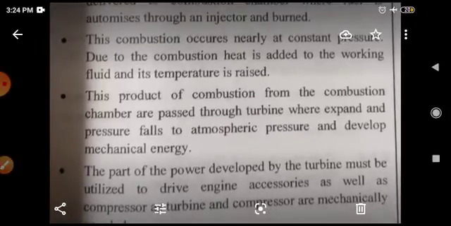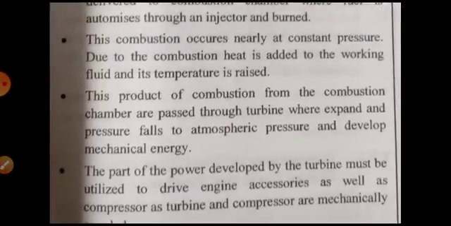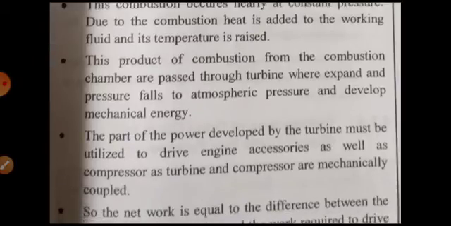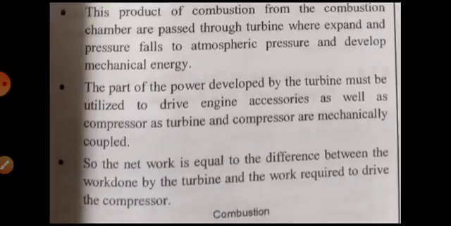This combustion occurs nearly at constant pressure. Due to combustion, heat is added to the working fluid and its temperature is raised. The products of combustion from the combustion chamber are passed through the turbine where they expand and pressure falls to atmospheric pressure and develop mechanical energy.